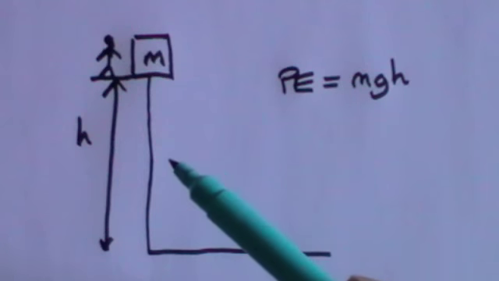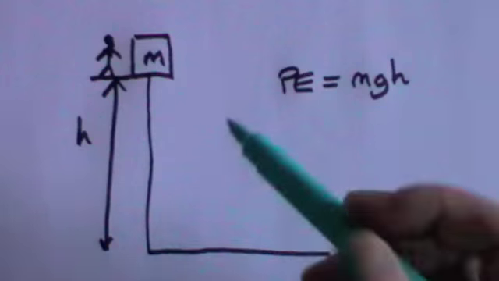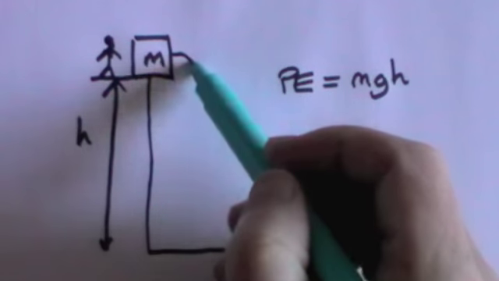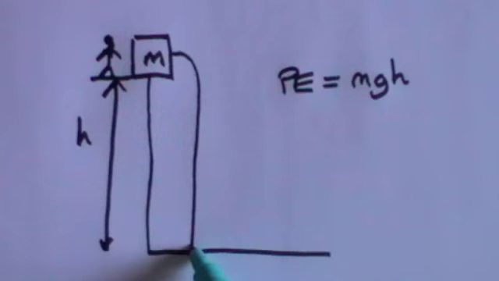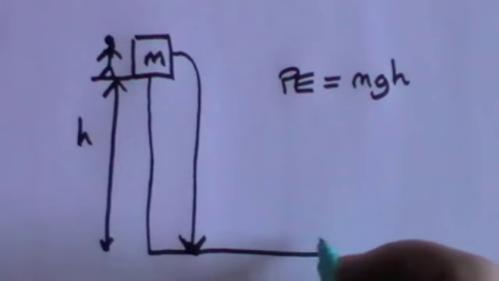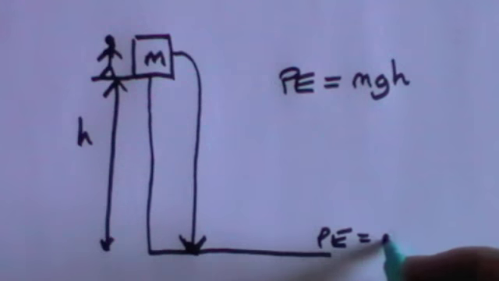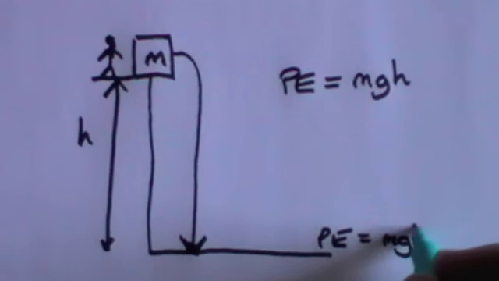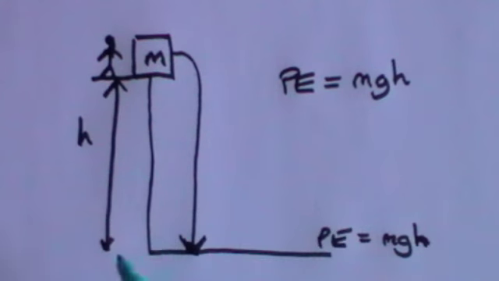Now, suppose I were to push that mass over the edge so that it now falls until it hits the ground below. When it gets to the ground below, its potential energy will be mgh again, but now h is 0, because h is the height above the ground, and when it hits the ground, h is 0.